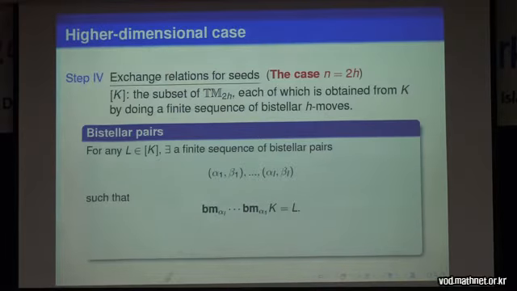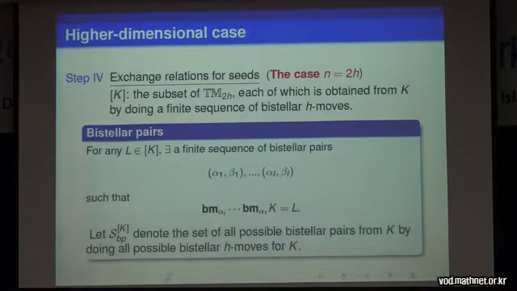Here, about the exchange relation for seeds, we need just subsets. Each one is obtained from K by doing a finite sequence of bistellar moves.